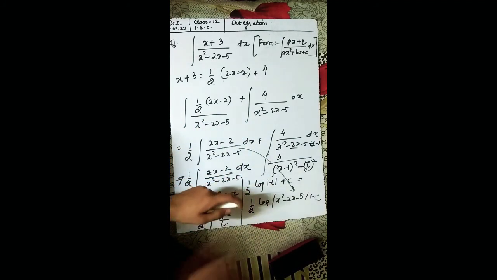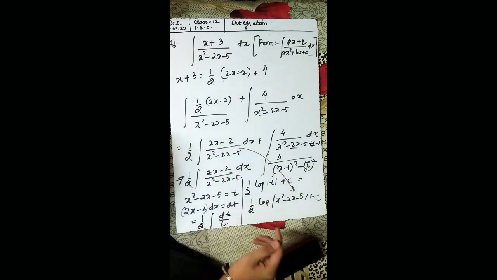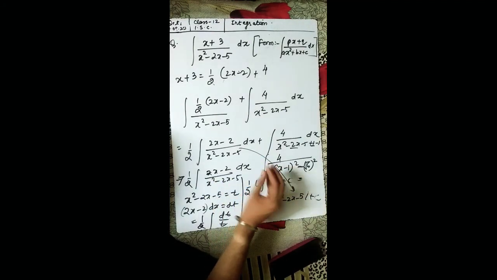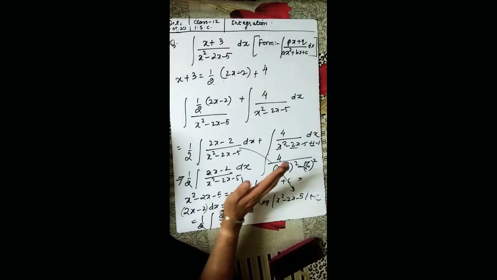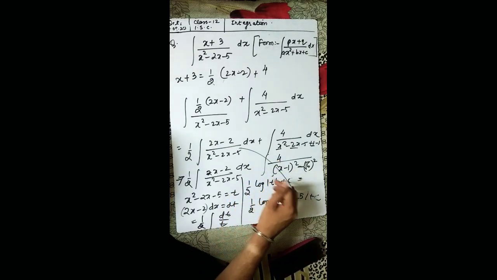In tomorrow's video, we will come up with integration of 1 upon under root ax square plus bx plus c dx. You know, this is very easy. The same thing you have to do under the root, and all the under root identities we have to use. That is integration of 1 upon under root a square minus x square and x square minus a square.